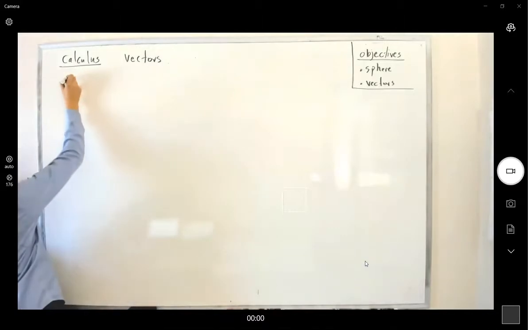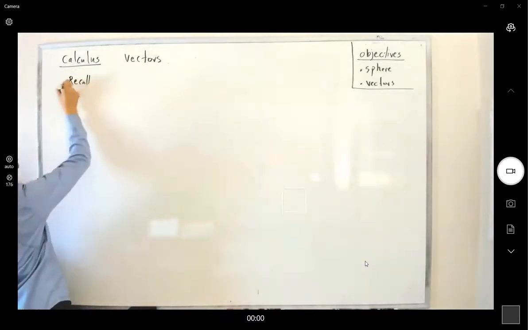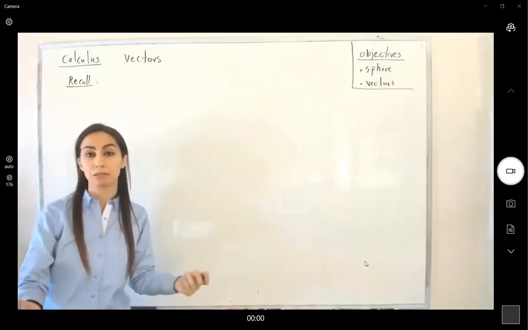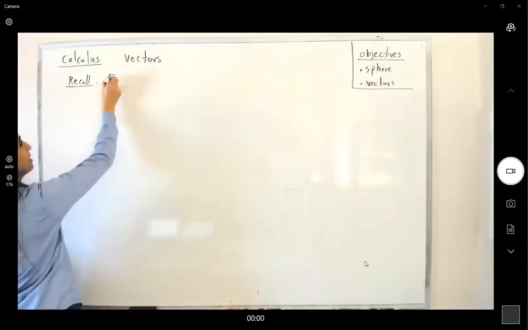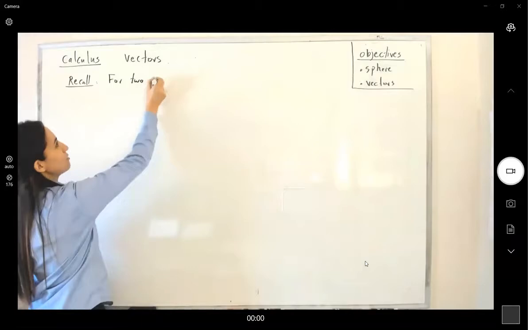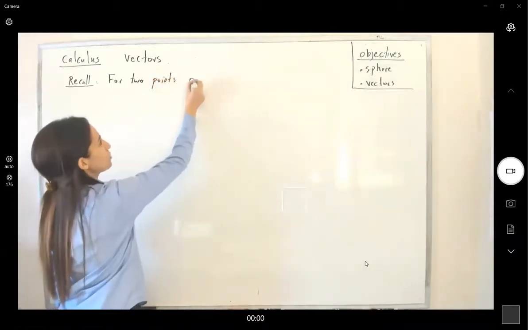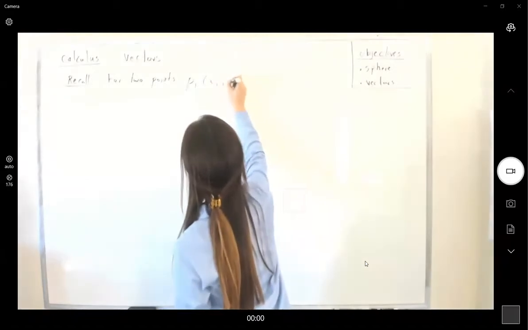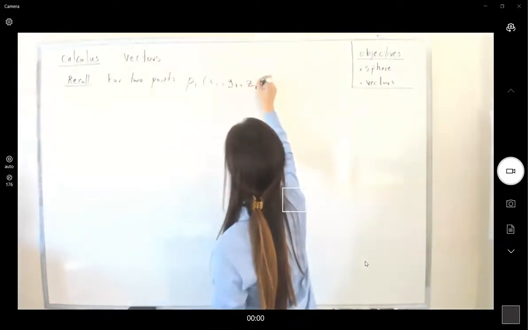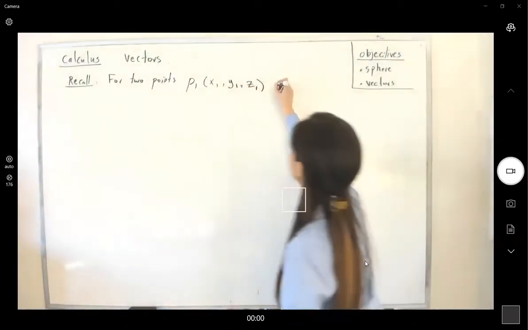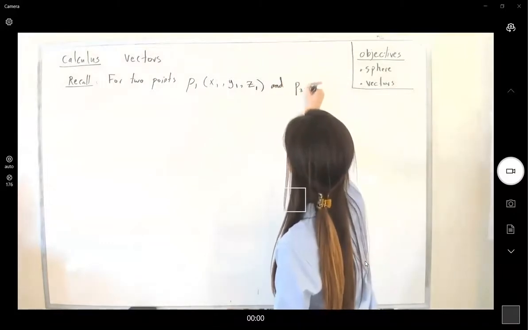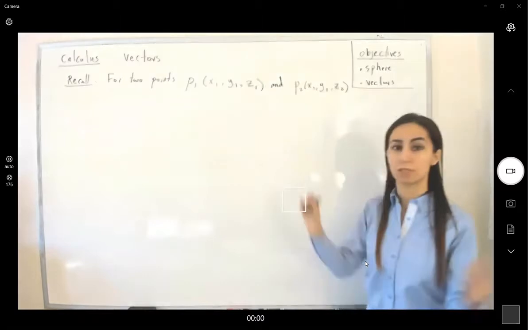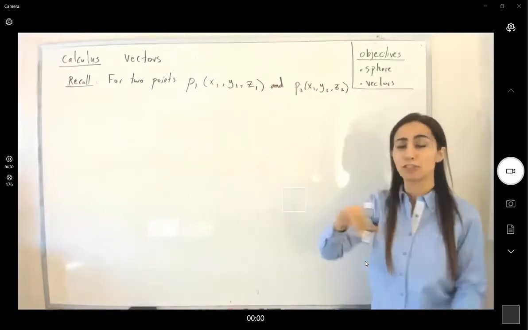So recall that if we have 2 points, P1 and P2, in the space, P1 with coordinates x1, y1, and z1, and the second point with coordinates x2, y2, z2. These 2 points are in three-dimensional space.